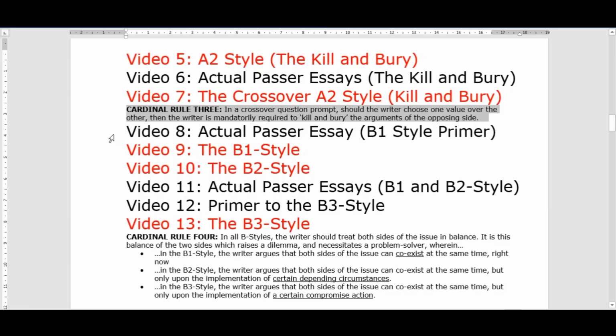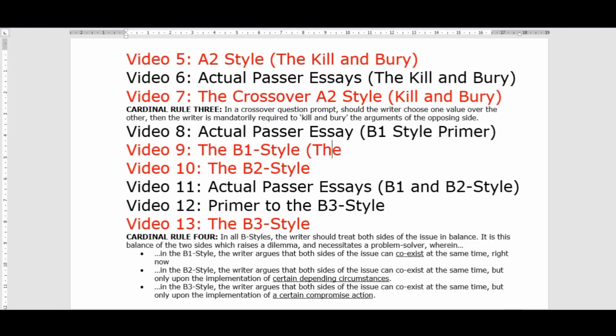And then of course, video number 8 is a support video which served as the primer for the B styles. So video number 9 is what we call the coexist, the B1 style.